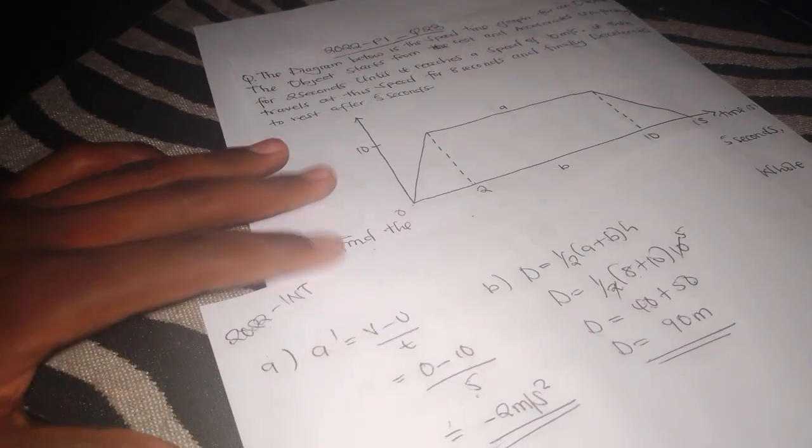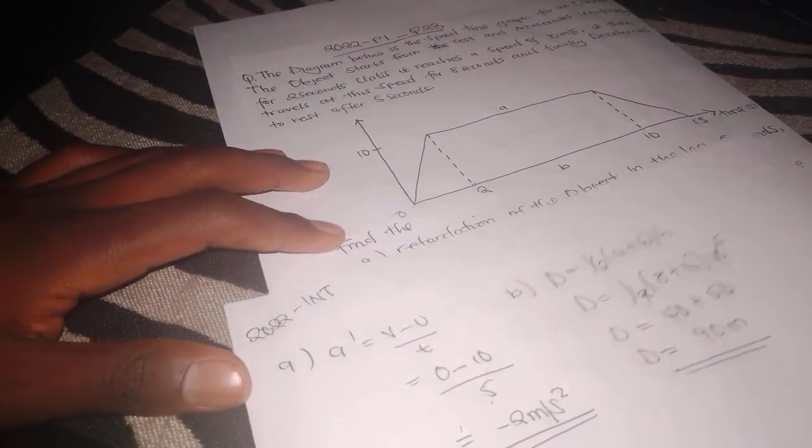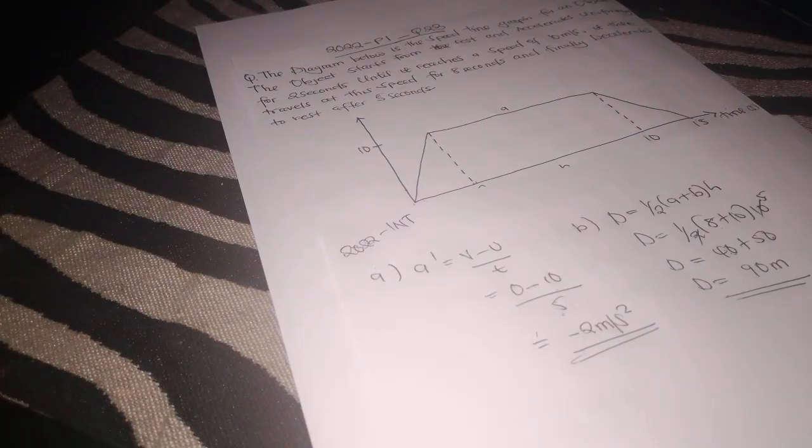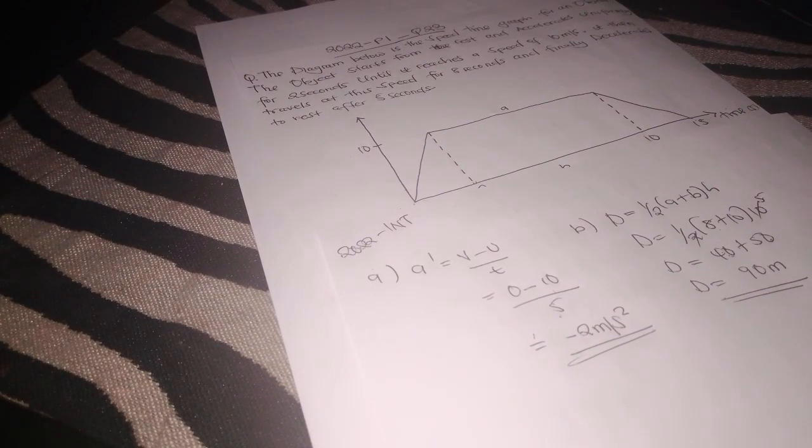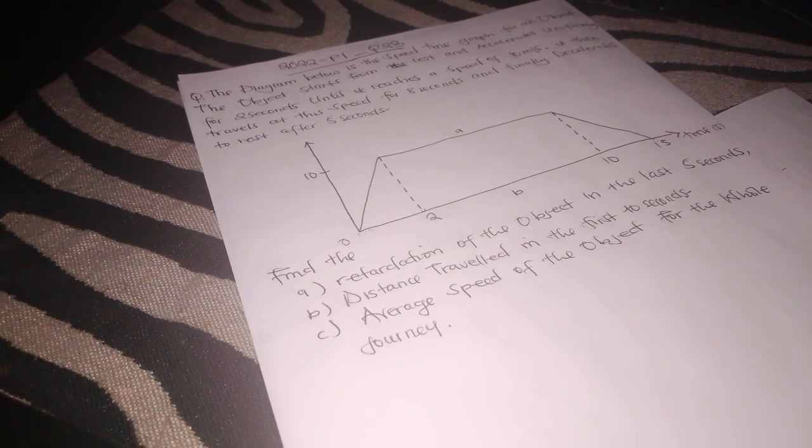Let's quickly go to question C, the last question. The question is saying find the average speed of the object for the whole journey. So the formula for average speed is distance over time. First of all, we are going to calculate the total distance for the whole journey.